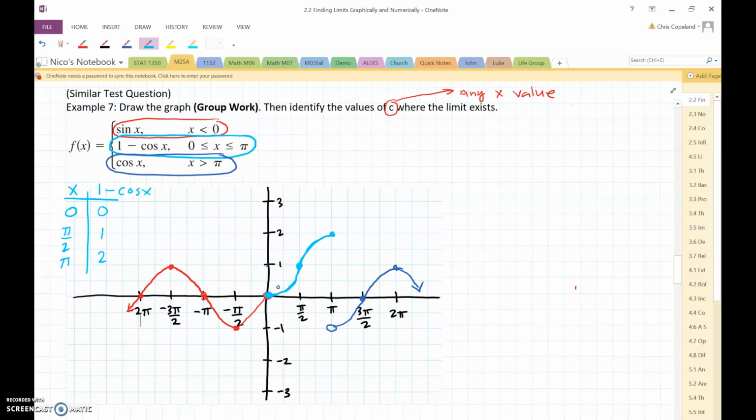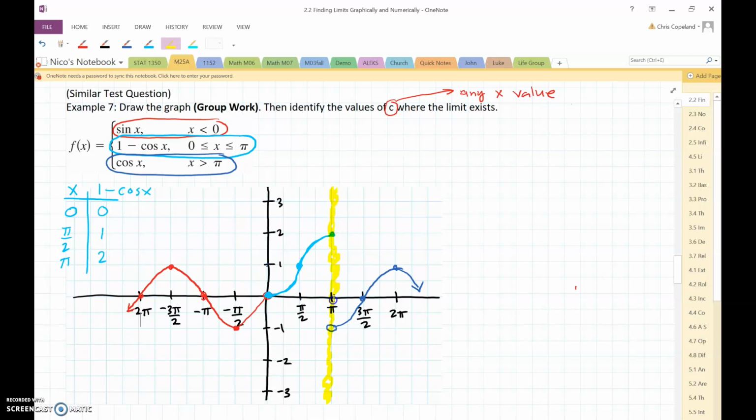Okay. So now I need to identify the values of c where the limit exists. Okay? So the limit is going to exist everywhere except right here.